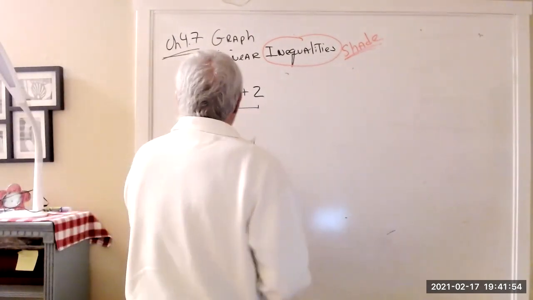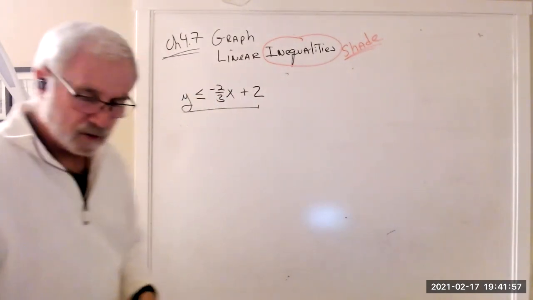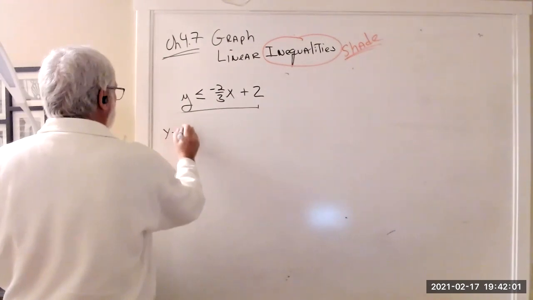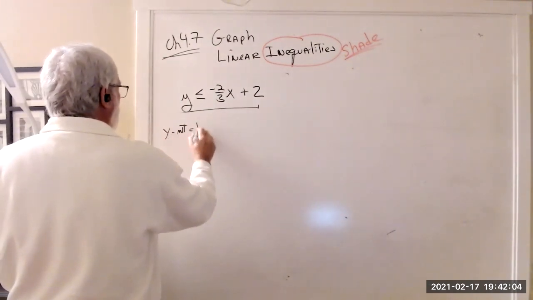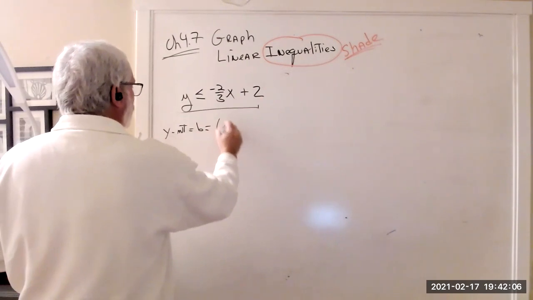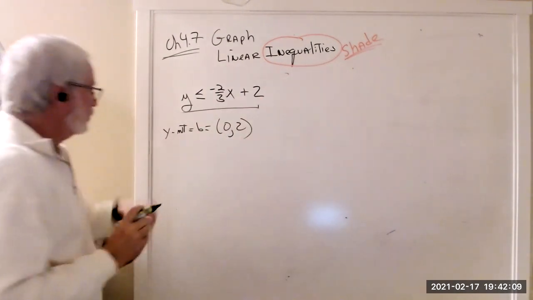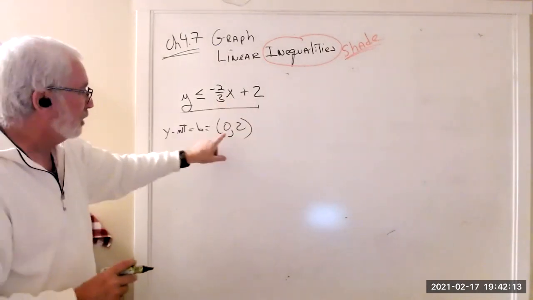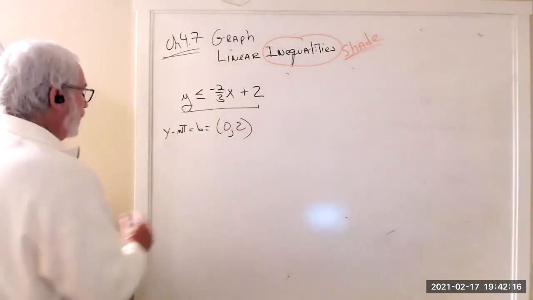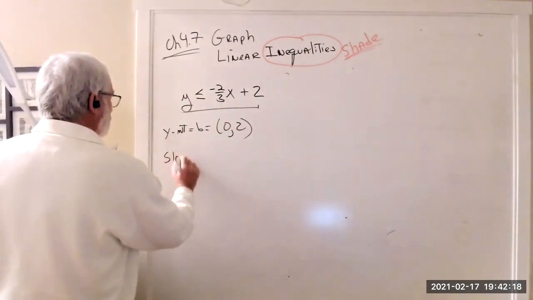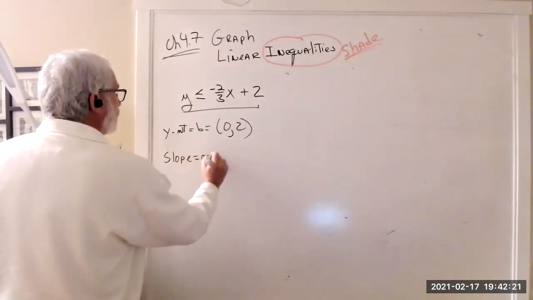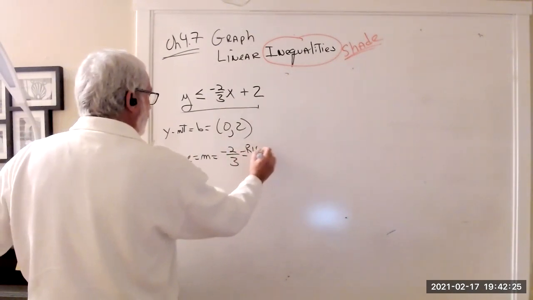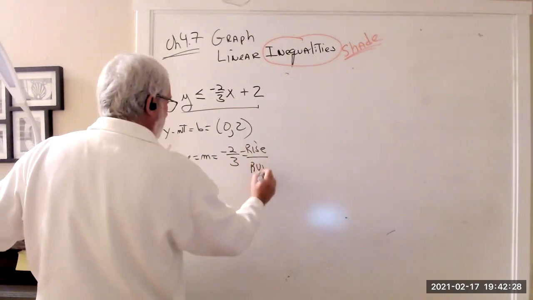So from this, we get the y-intercept, which is also called the b value, is 0,2. That's the y-intercept or the b value, 0,2. And it's always 0, that number. The slope is the m, negative 2/3, which we think of as rise over run.